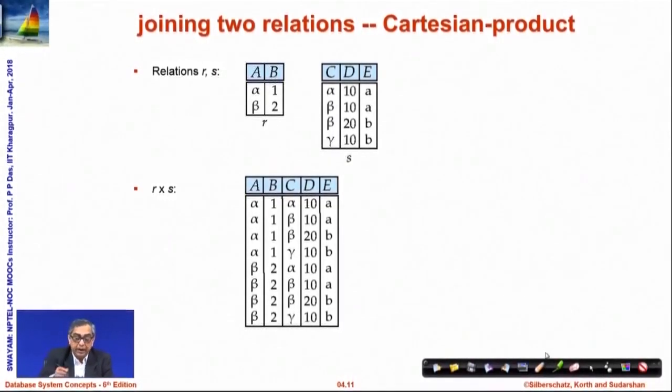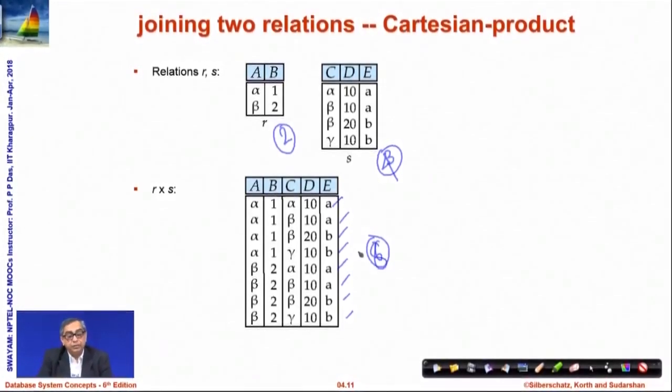Since this has two records and this has four records, the result will have 1, 2, 3, 4, 5, 6, 7, 8, so 8 in total. All possible pairings of records of R and records of S are included. So, that is a Cartesian product, all possible combinations.